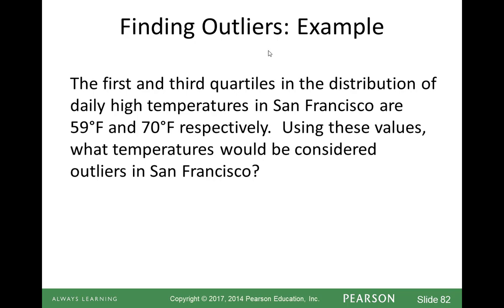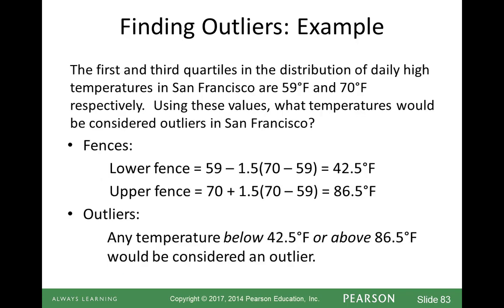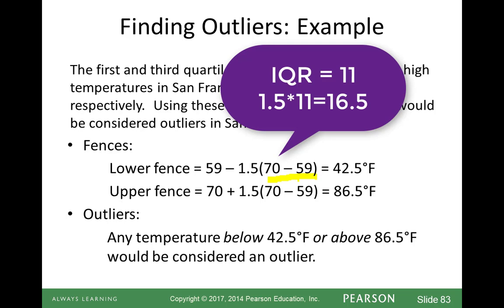So here we go. Earlier in the book they talked about the high temperatures in San Francisco. The first quartile is 59 degrees and the third quartile is 70. Using these values, what would be considered an outlier? Well, we find the IQR by taking 70 minus 59.